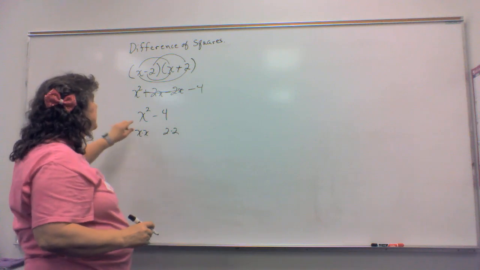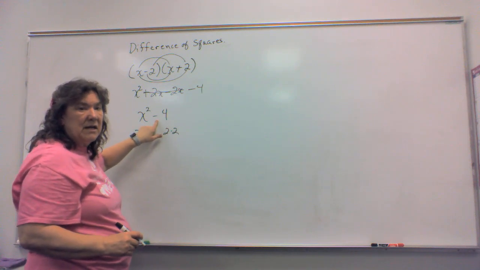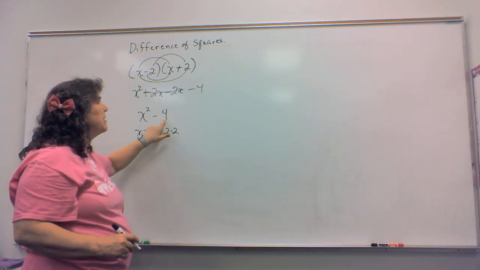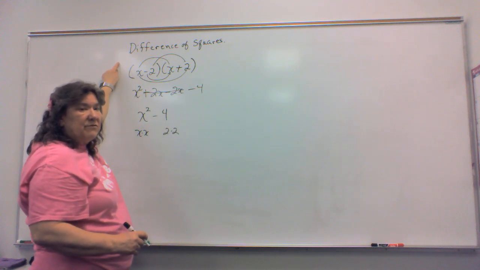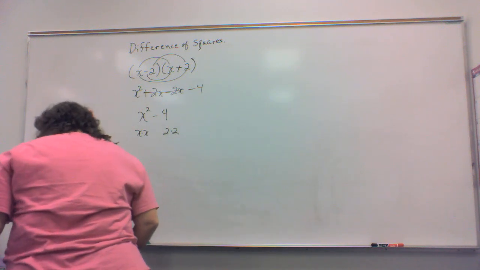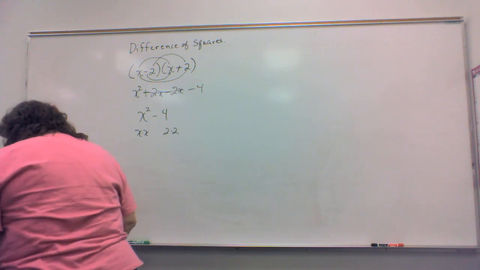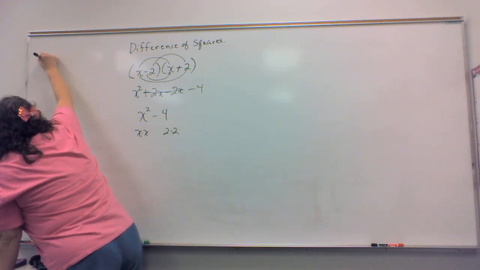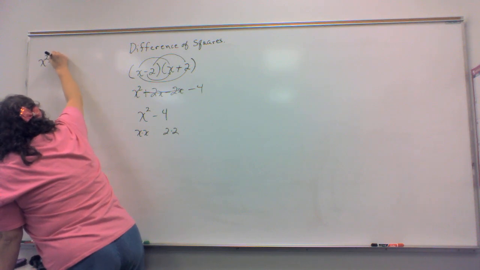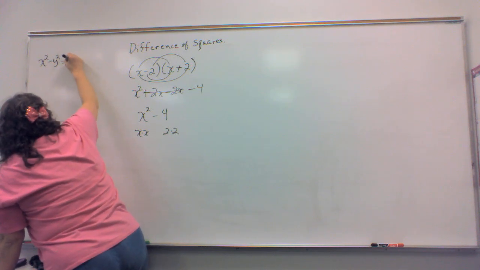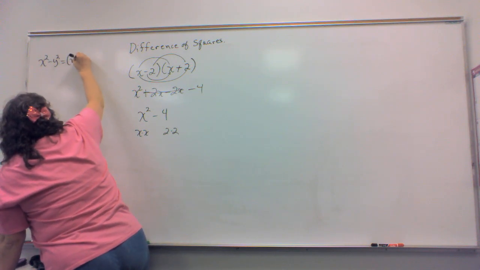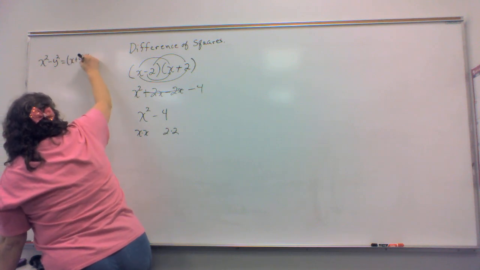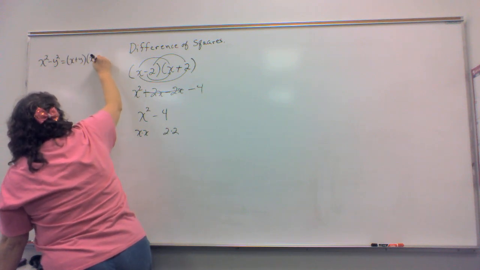So whenever we see a difference, a minus sign between two perfect squares, we have what is called a difference of squares. And so the rule says very simply, if you have a difference of squares, x squared minus y squared, this is equal to x plus y times x minus y.